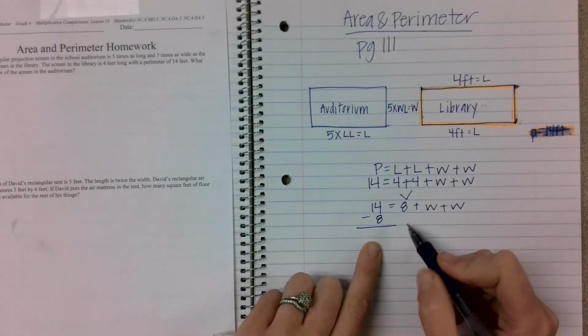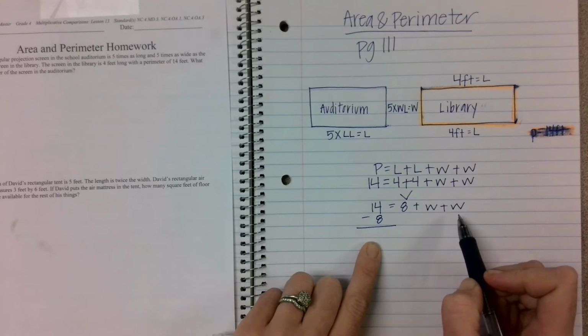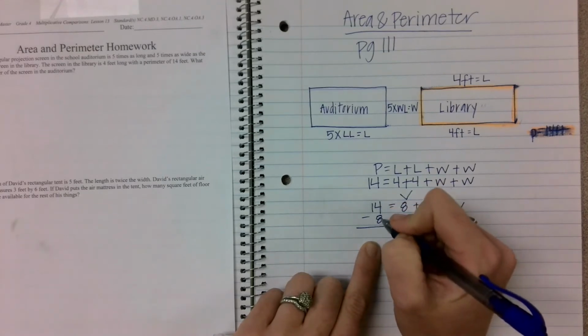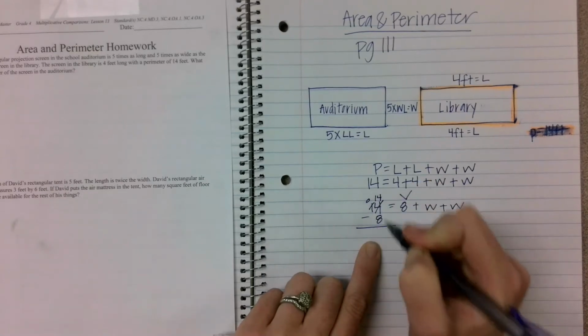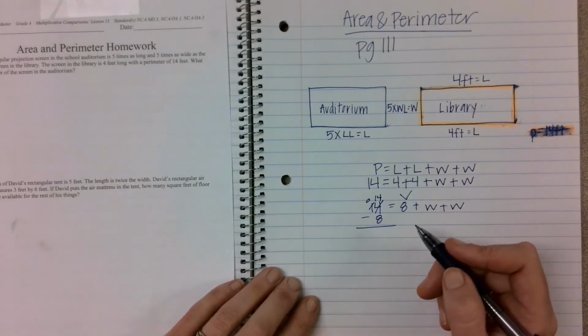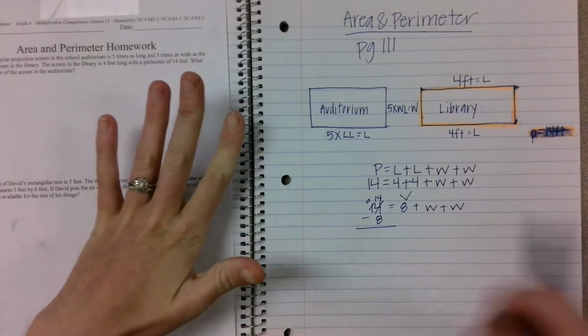What I'm doing is I'm isolating my W's on one side so I can have a number on the other. So I know I cannot take 8 from 14, so I'm going to have to borrow. So now 8 from 14, I could draw dots out if I wanted to help me, or I could say 9, 10, 11, 12, 13, 14.